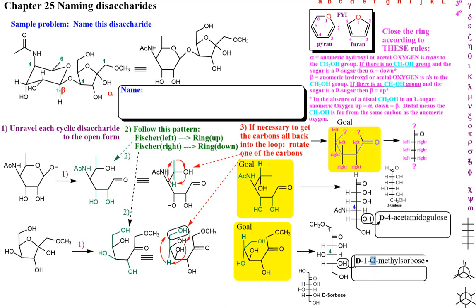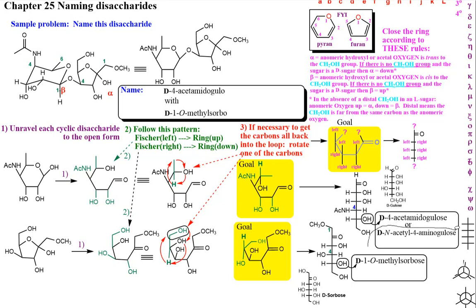And if you want to get real picky, and I will never be this picky, that should be italicized, just like the N of N-methyl. Since we're bringing up such things, an alternative name for the first sugar would be D-N-acetyl 4-amino glucose. There's an amino on 4 that has an acetyl group on it.